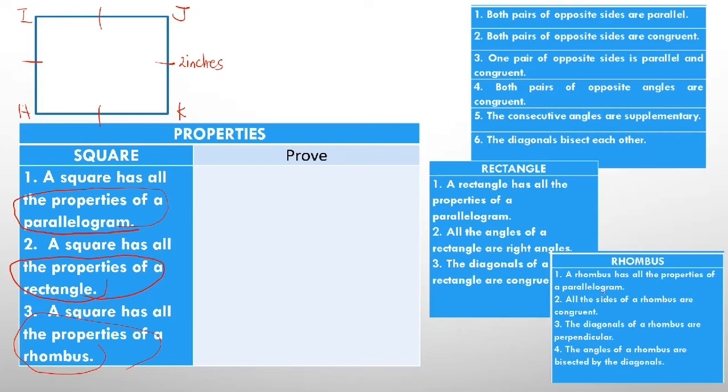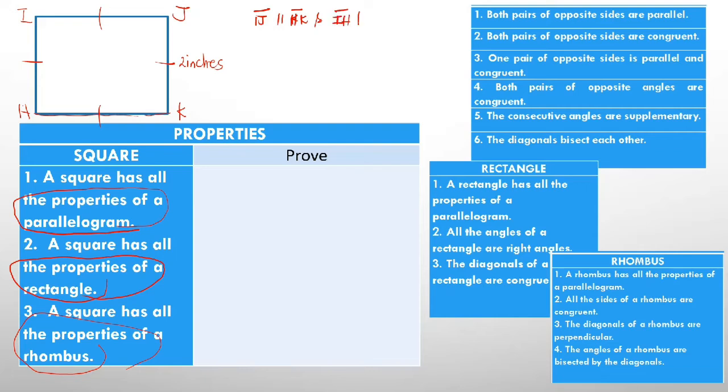Number 1, properties of a parallelogram: both pairs of opposite sides are parallel. We have here that line IJ is parallel to line HK, and the other opposite side, line IH, is parallel as well to line JK.